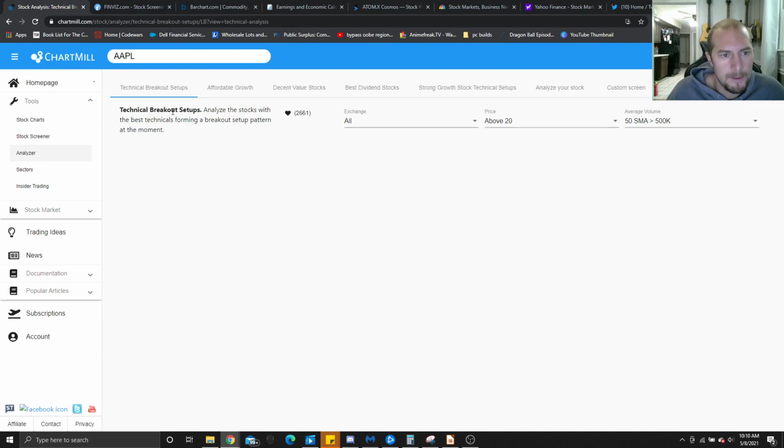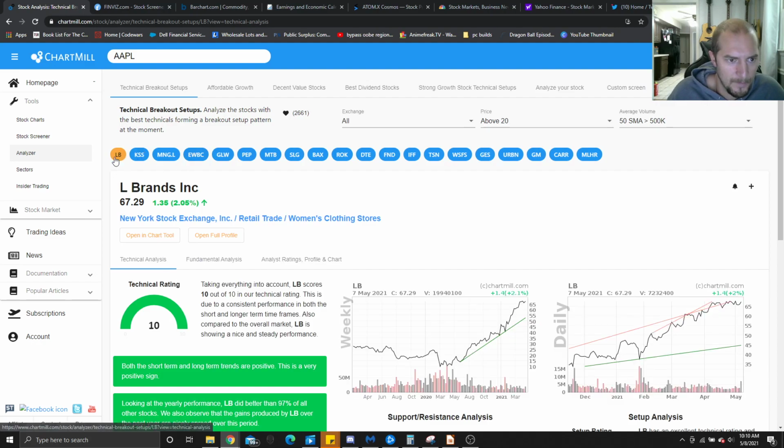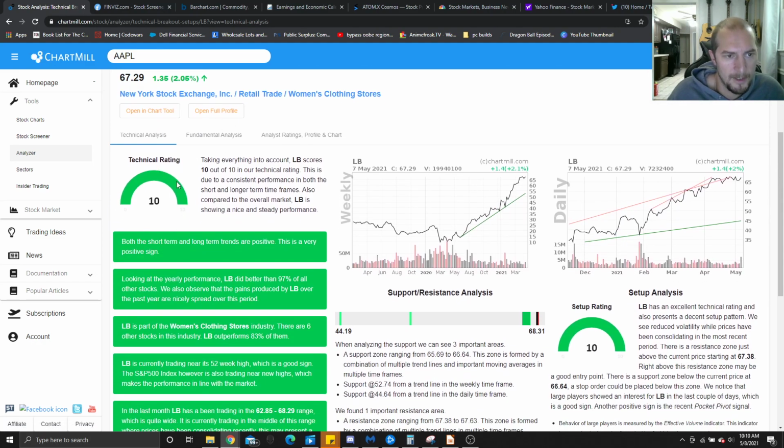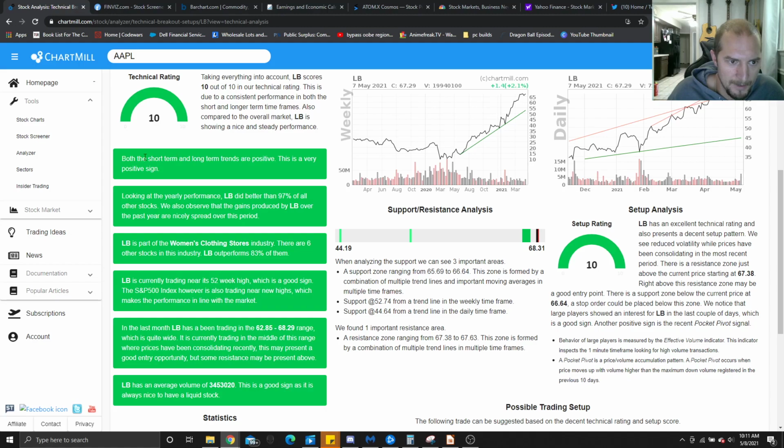If this loads here, you can see over at the top we have technical breakout setups, affordable growth, value stocks, some dividend stocks, and a lot of growth stock potentials, and this will give you different lists. You see here on LB, this ends up with a technical rating of 10, and it gives you a lot of the reasoning behind it.